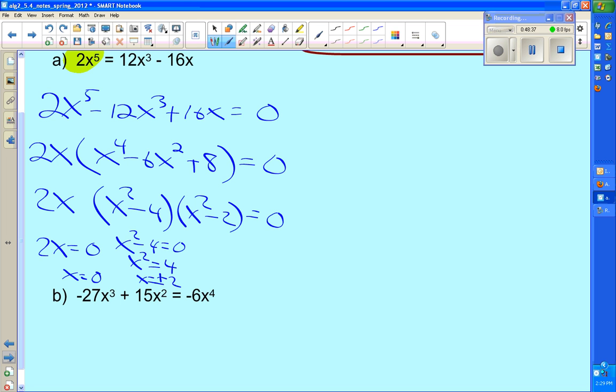And here, x squared minus 2 equals 0, x squared equals 2. What does x equal? Oh, plus or minus root 2. So our solutions are going to be x equals 0, plus or minus 2, and plus or minus root 2.